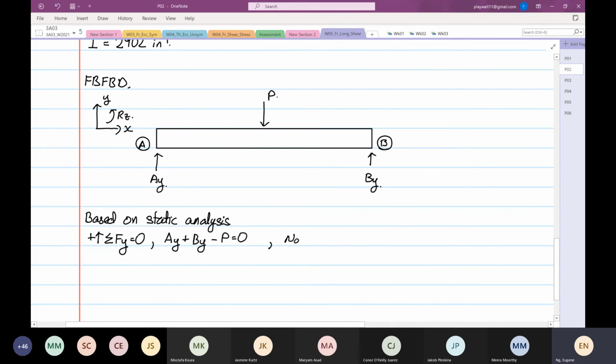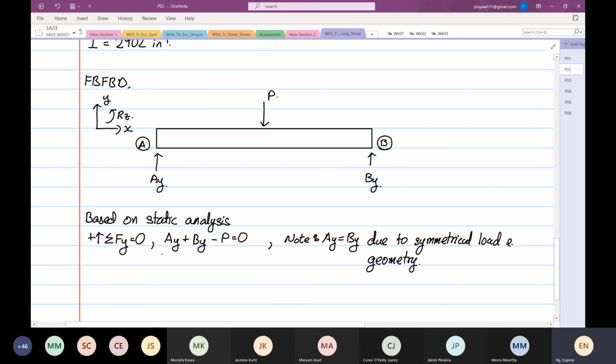And then we note that AY is equal to BY due to symmetrical loading and geometry. It has to be symmetrical loading and geometry, then you can make this assumption.